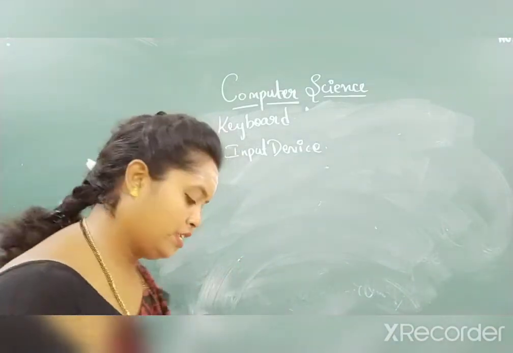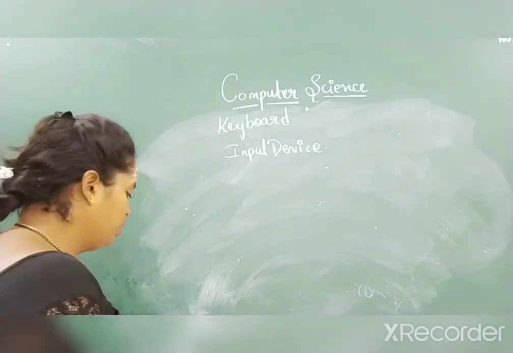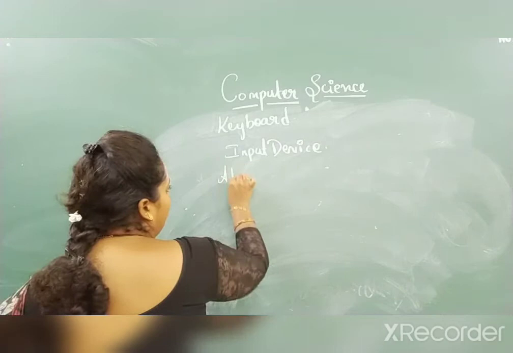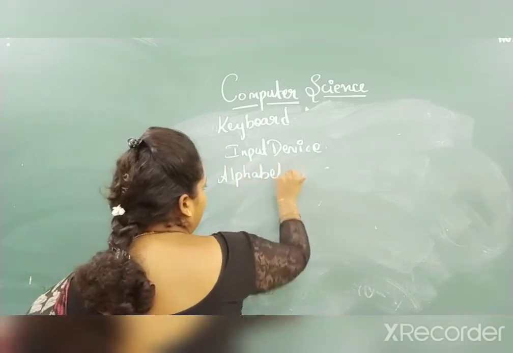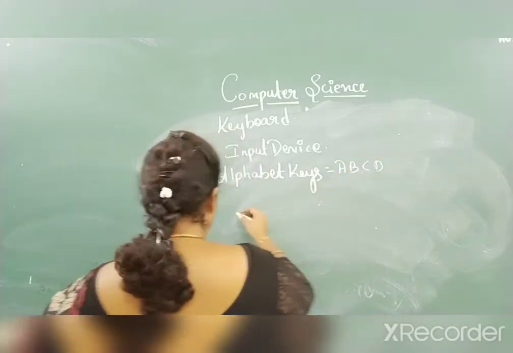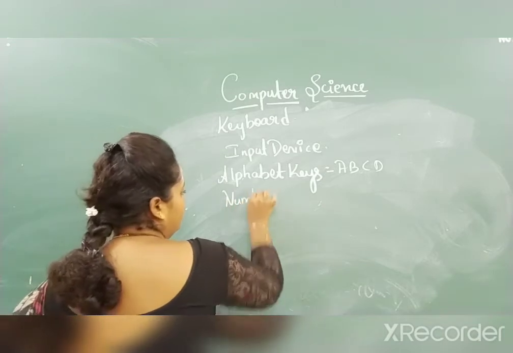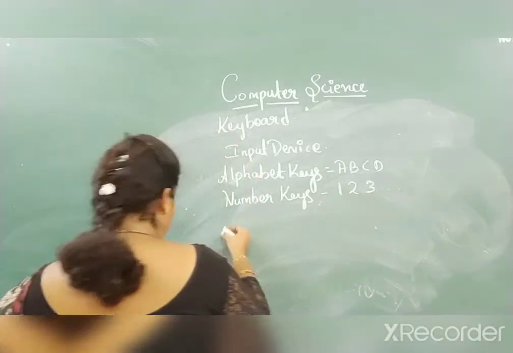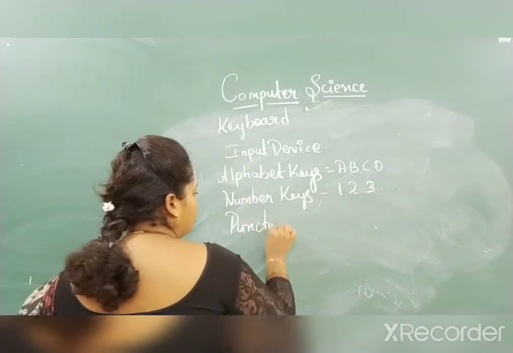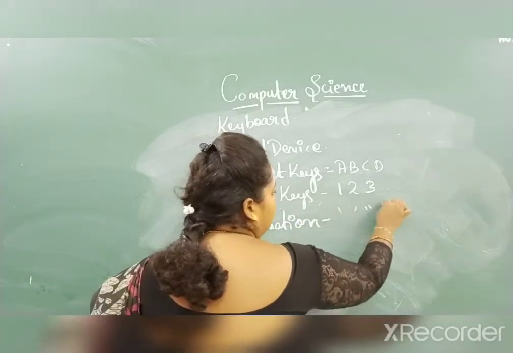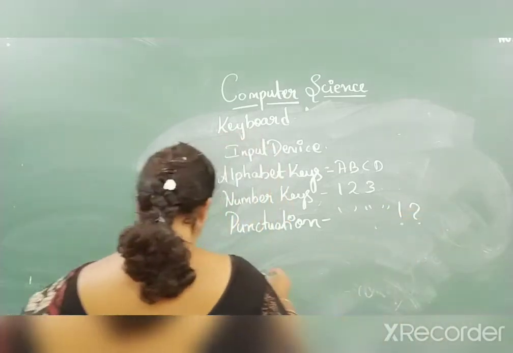At the end again I'll show you. Now you'll have to concentrate. What all are available? Alphabet keys, wherein you can type A, B, C, D, etc. Then number keys, wherein you type 1, 2, 3, etc. Punctuation keys, like single inverted comma, double inverted comma, exclamation mark, question mark.